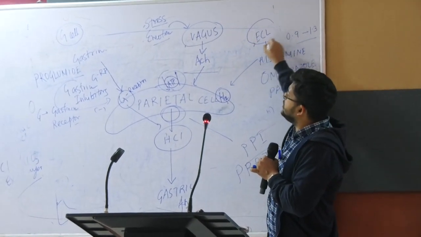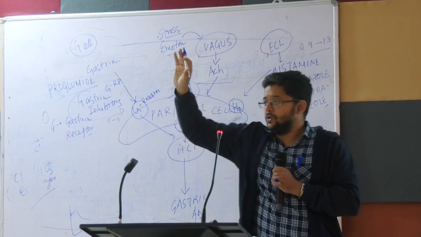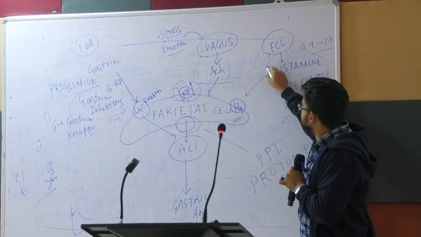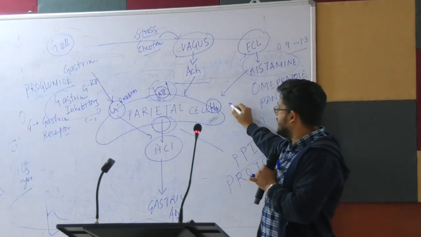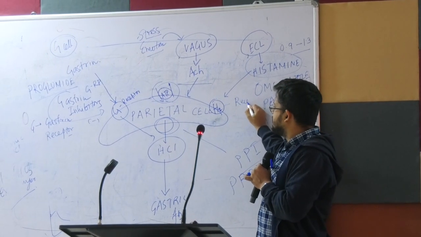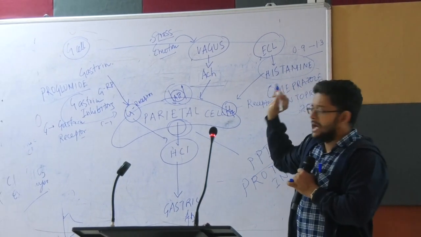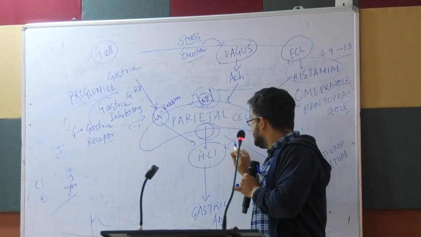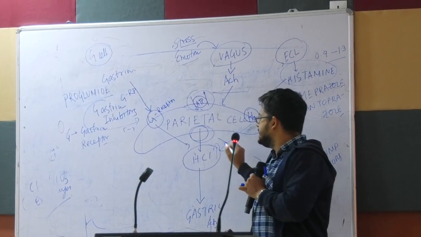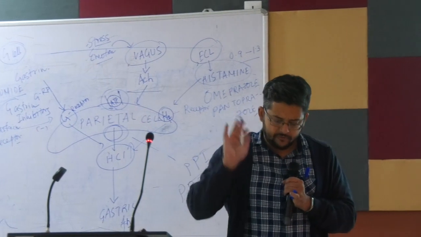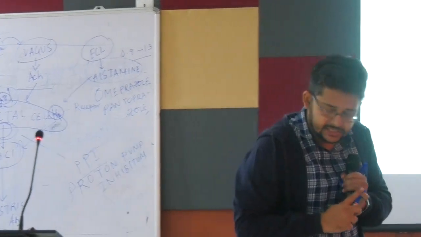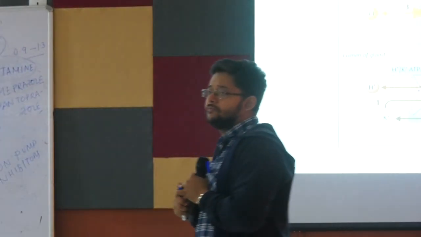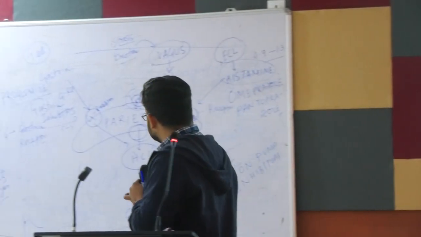These are enterochromaffin-like cells which secrete histamine. Histamine acts on the H2 receptor on the parietal cell, and H2 receptor activation leads to increase in HCl production. First of all, you need to understand that enterochromaffin-like cells secrete histamine.